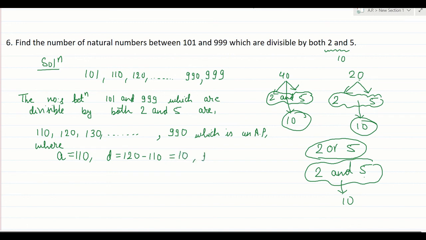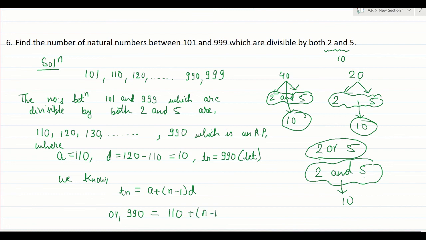Now we will consider, let Tn be equal to 990. So we know Tn is equal to A plus (n minus 1) D. Or Tn, we have supposed 990 equal to A, which is 110, plus (n minus 1) is not known to us, and D, the common difference, is 10.